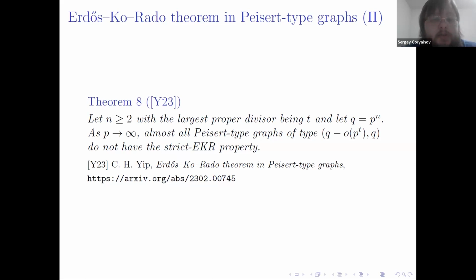As p tends to infinity, almost all Paley type graphs of type (q − o(p^t), q) do not have the strict EKR property.